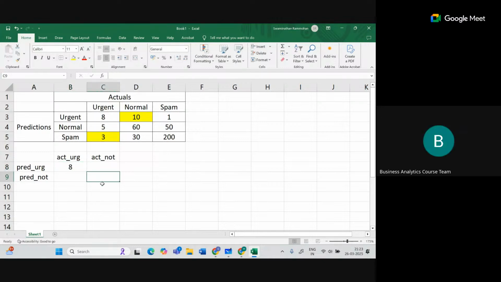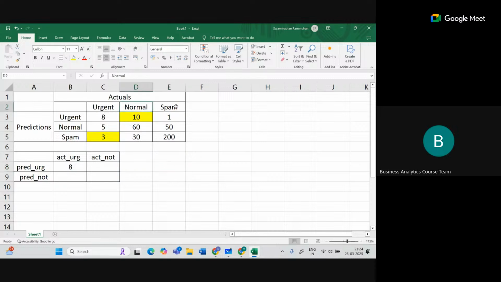Similarly, what is predicted not urgent and actual not urgent? Think about it. Anything that is not urgent, right?